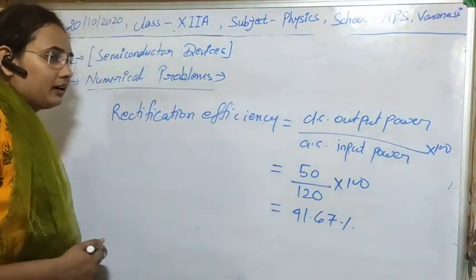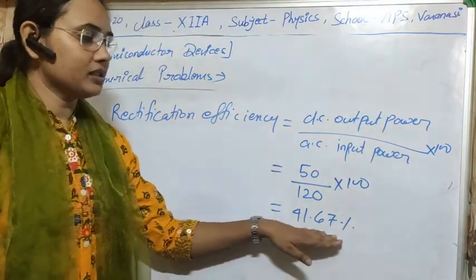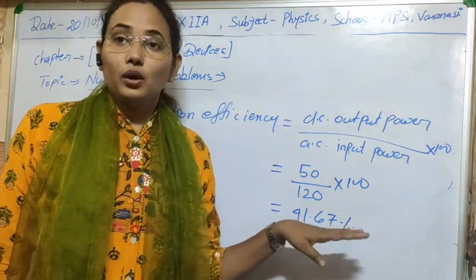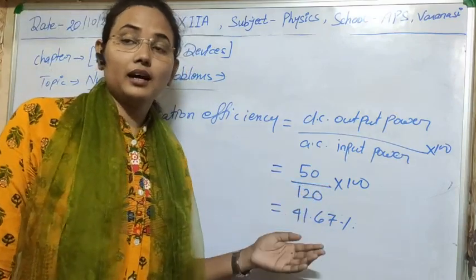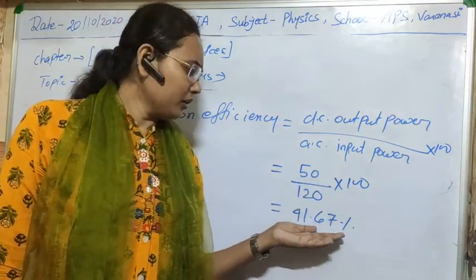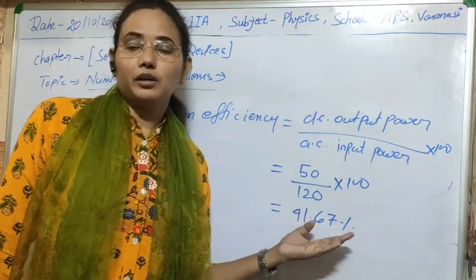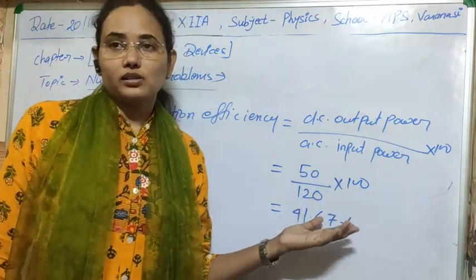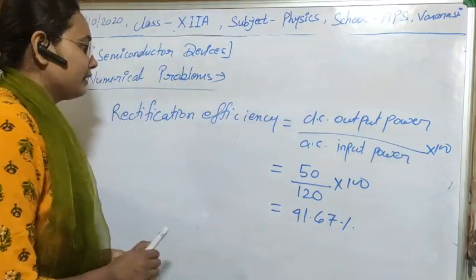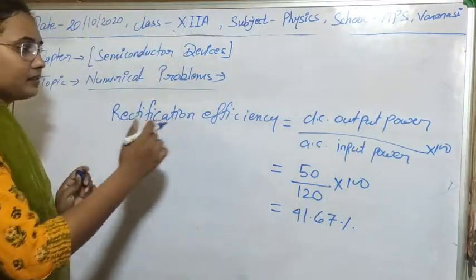Means it converted only 41.67% of the signal, and nearly 59% of the signal has been lost here. So I think it is clear to you what the rectification efficiency is.